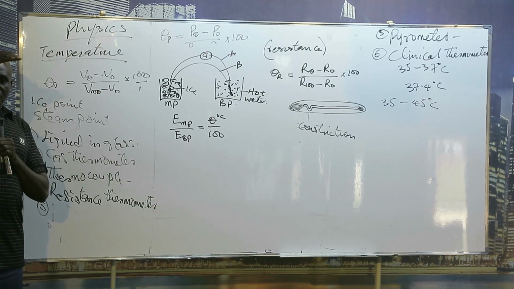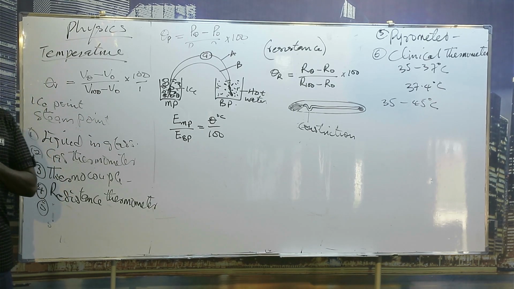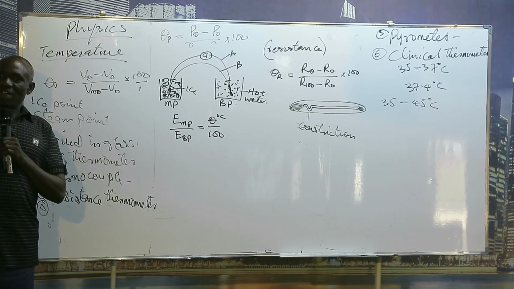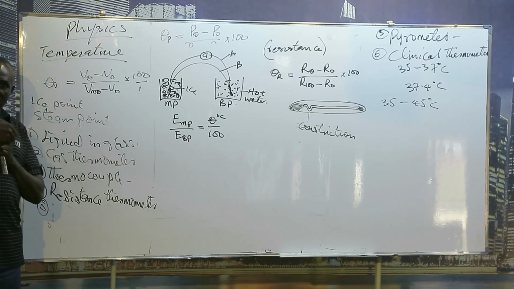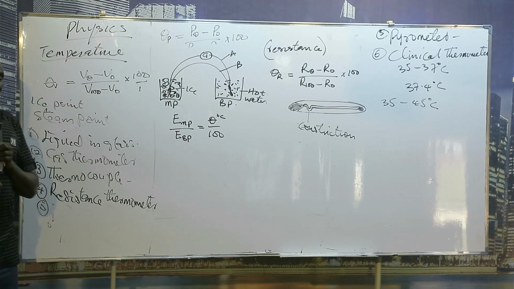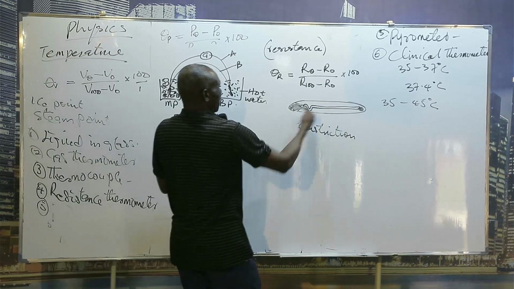If you have gone to any hospital, you discover that whenever they want to use a clinical thermometer, they add pressure to it up here. Why? Because they want the mercury to go back.